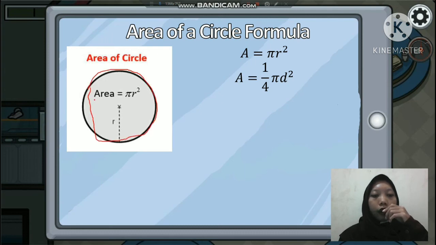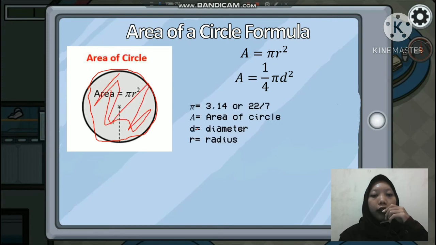As I said, we can use 3.14 if the radius or diameter is not 7, and then we use 22 divided by 7 if the radius or diameter is 7.